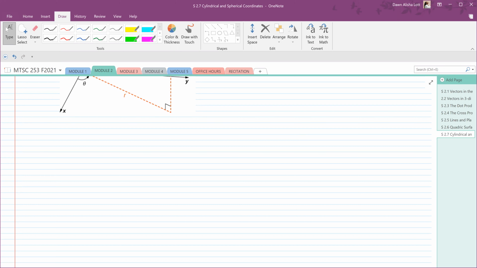We have x, y, and z in the Cartesian coordinate system. We have r, theta, and z in the cylindrical coordinate system.